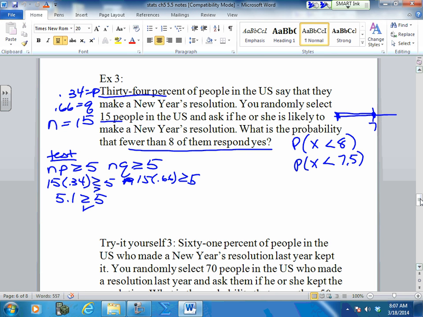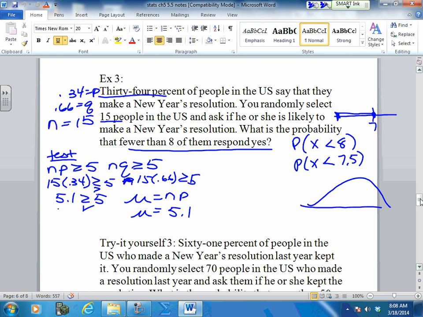There's my X value. Now, in my graph, I need to find my mean. I need to find my standard deviation. So here's the case. We use your formulas. N times P, which we know, right? Are you okay with me just putting that down?